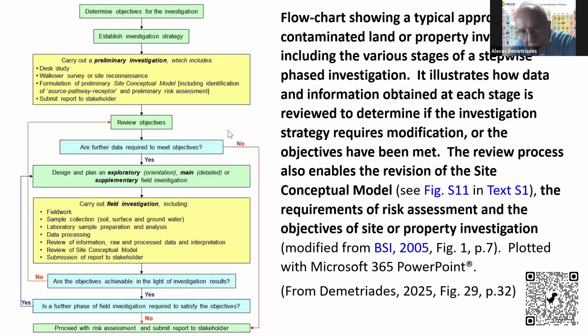The steps are similar, but since the terminology is different, I thought it was a good idea to have a different sort of flow chart. Again, you can study it at your leisure.